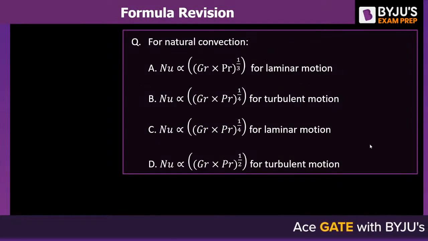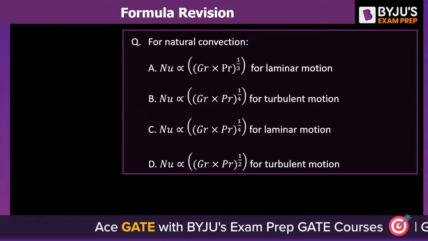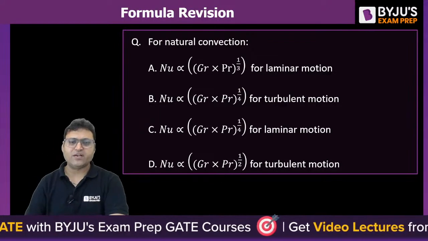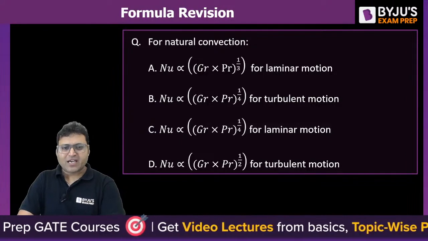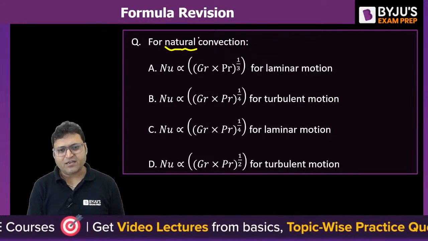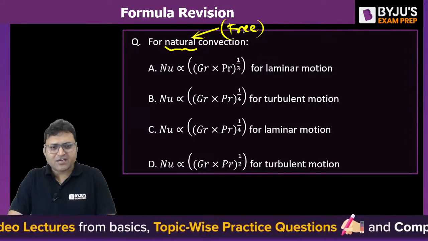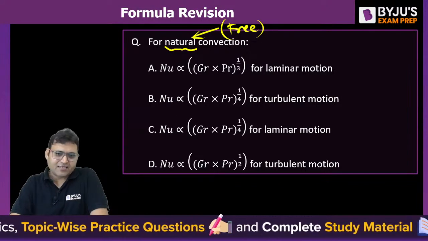So can you solve this one? There is a question on the screen. For natural or free convection, which one of the following options is correct?